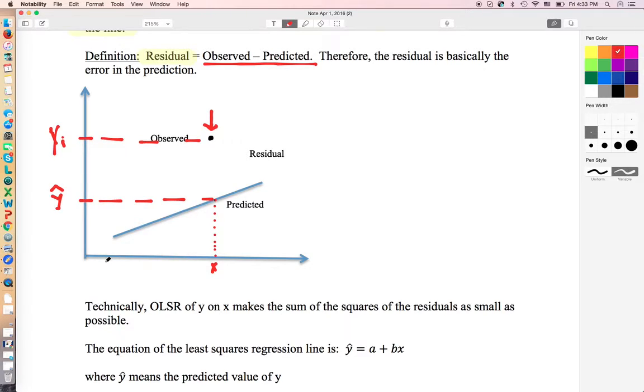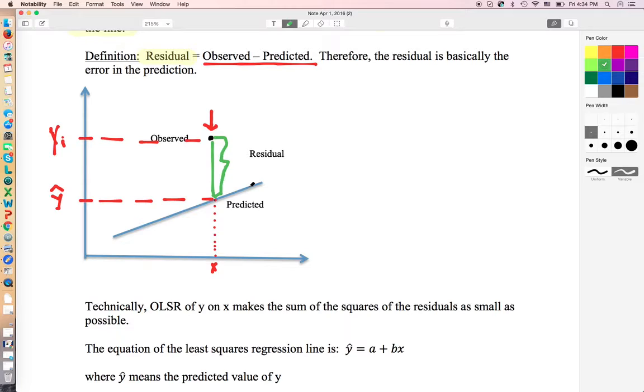And the notation we give for that is y hat, the predicted value of that person's score. This distance right here is the residual. Every single point has a residual, because every single point is some distance away from the line. If it's on the line, then its residual is 0.